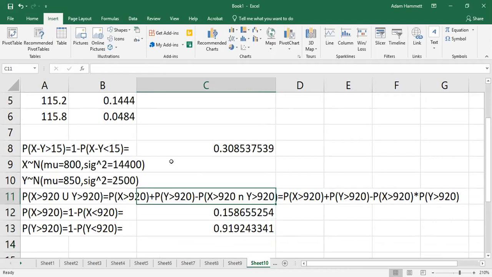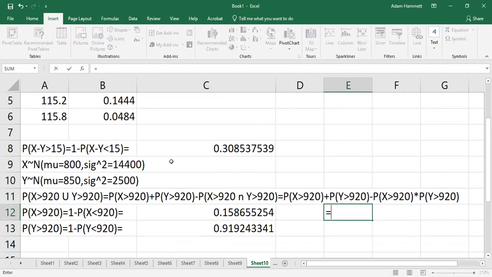So to compute this thing, it's going to be this plus this minus this times this.